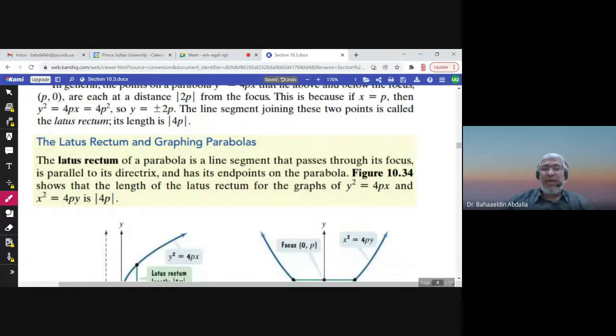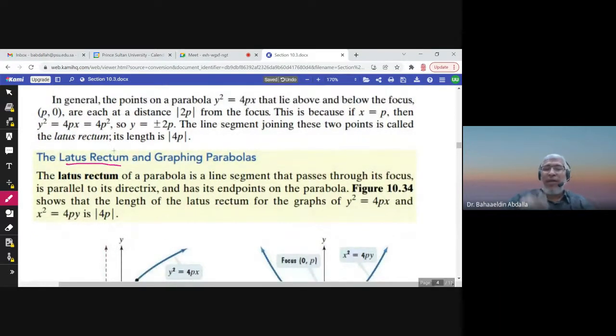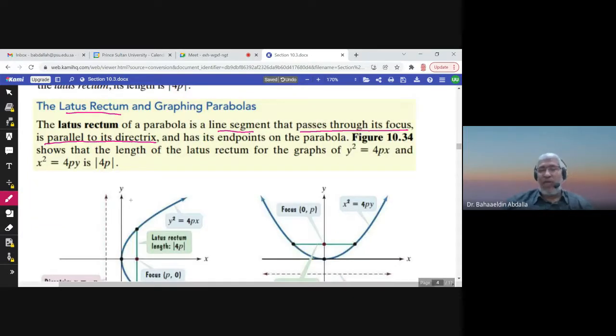There is a line called the latus rectum, and the latus rectum is the line segment that passes through the focus and is parallel to the directrix. So it passes through the focus parallel to the directrix with endpoints on the parabola.